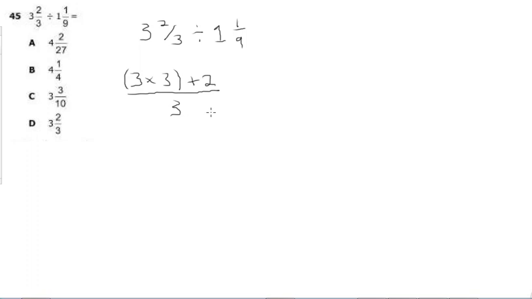We keep the division sign. We do the same for the other fraction: 1 multiplied by 9, then we add the numerator, plus 1, over the same denominator, 9.